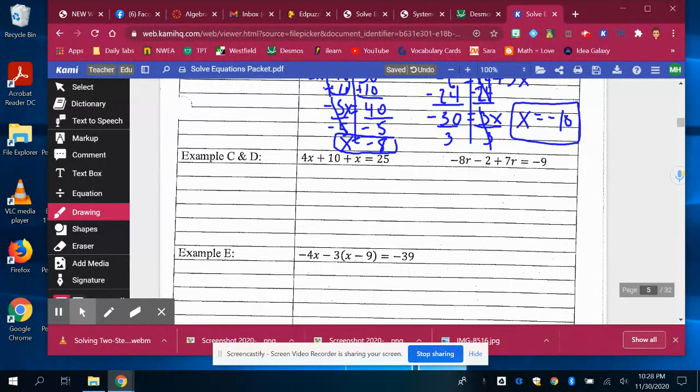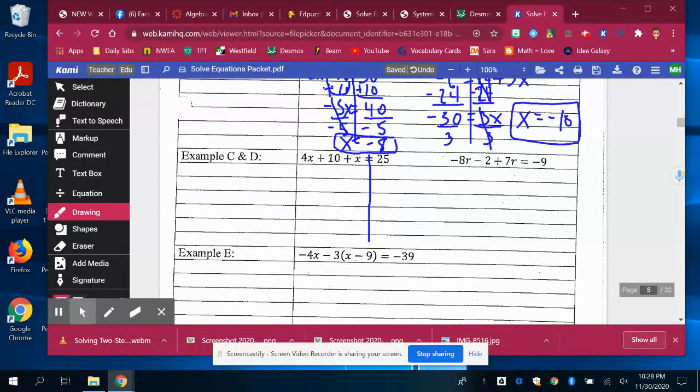Next, I'm going to do example C. Example C, I still have to simplify. I don't have the distributive property, and I know that because I don't have any parentheses. But I notice that it's not a two-step equation.